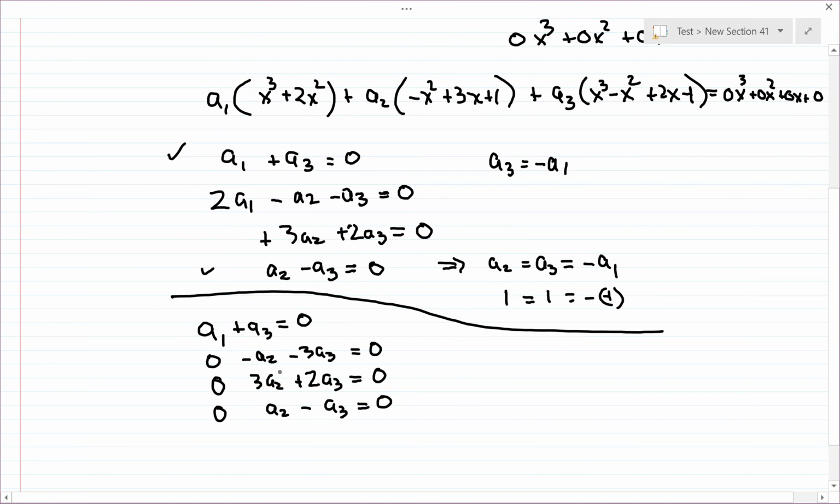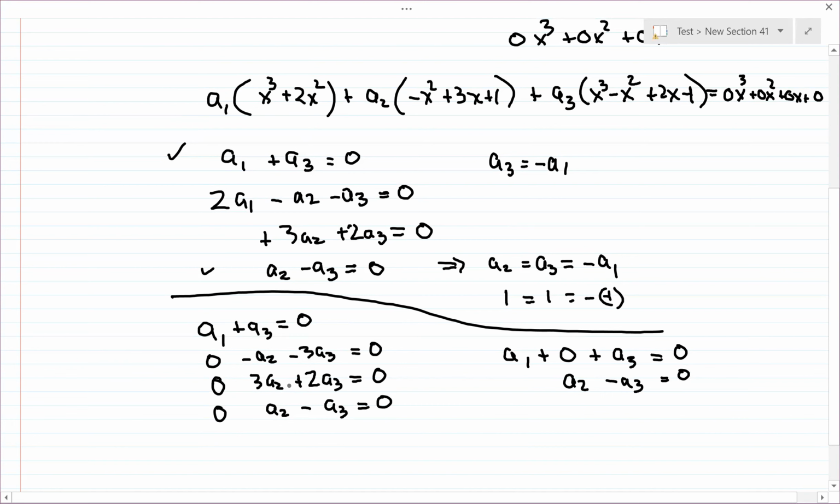So what's the next thing to do? Probably take the A2 and use that to modify some of the other equations. So I would write this in this order: A1, 0, A3, 0. And if I put this one as the second equation, this would be A2 minus A3 equals 0.